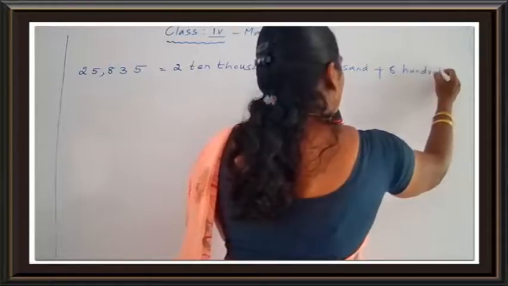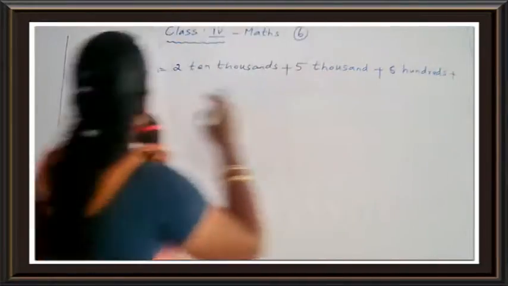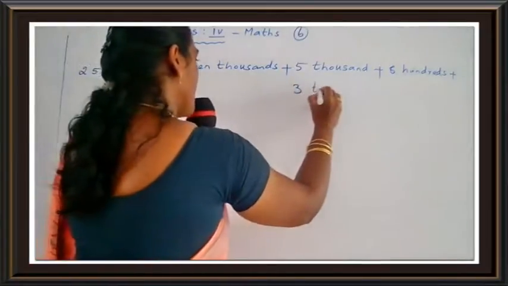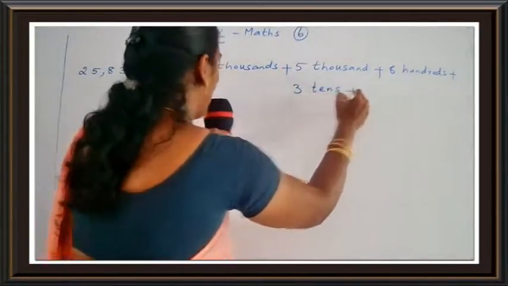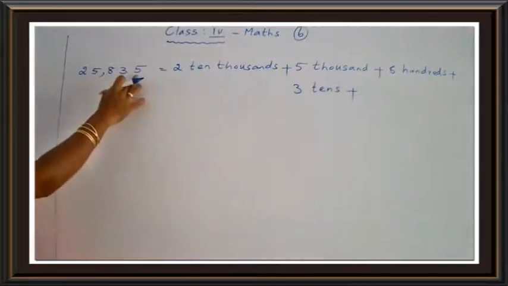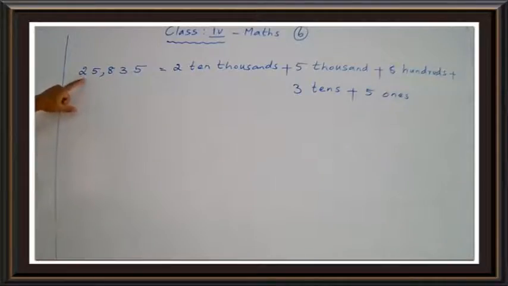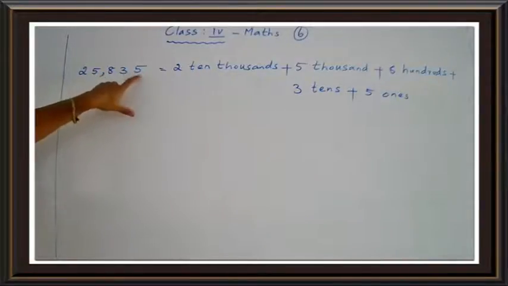Plus next, what is the place value of 3? 3 tens. Okay. So 3 tens plus 5 ones. So our expanded form is 2 10,000s plus 5,000 plus 800s plus 3 tens plus 5 ones.